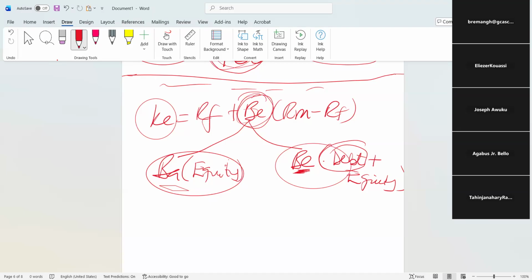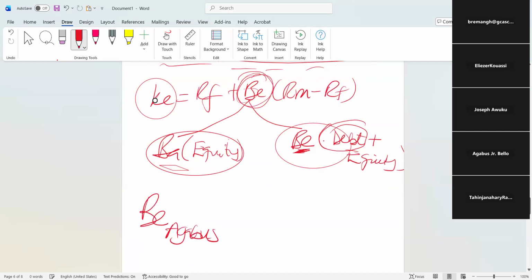So we are saying that when they give you the equity beta of Agabus, you don't need the equity beta of Agabus. You need the equity beta of Eliezer. So having the equity beta of Agabus, know that this equity beta contains debt and equity.